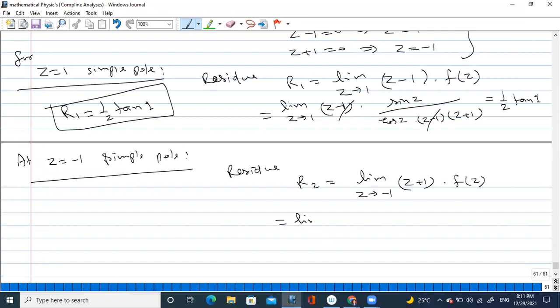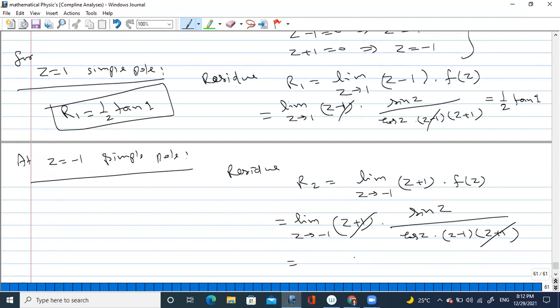So put the value: limit z tends to minus 1, z plus 1 into f(z) is sin z divided by cos z into z minus 1 into z plus 1. So this will be cancelled. Now put z equal to minus 1 here and here. So it will become sin minus 1 divided by cos minus 1 and z minus 1 is minus 1 minus 1, minus 2. So minus 2 I can keep here.